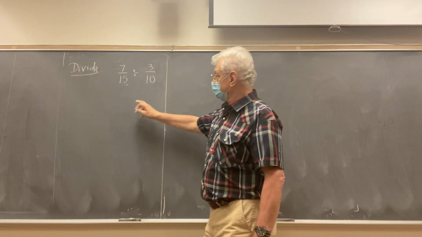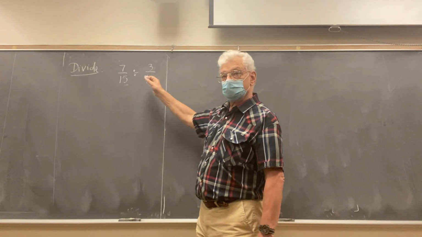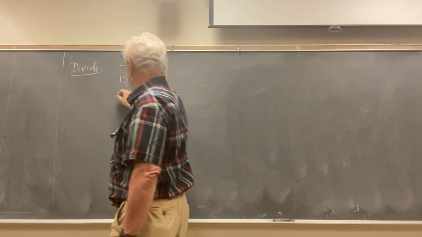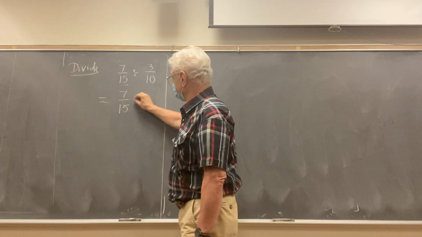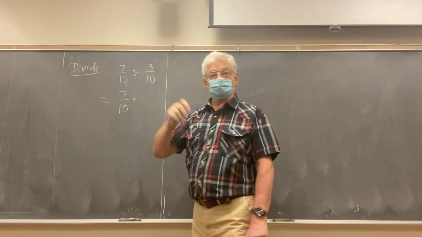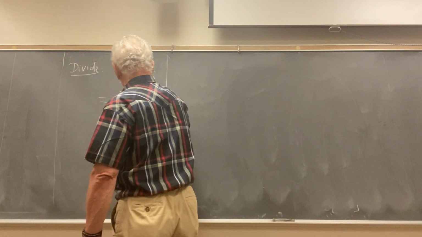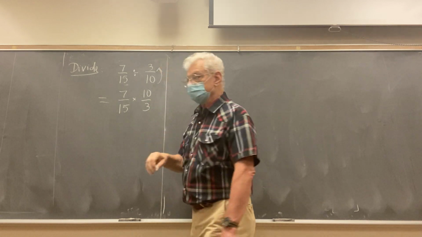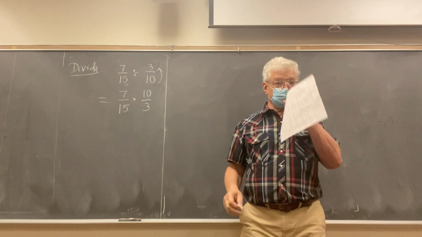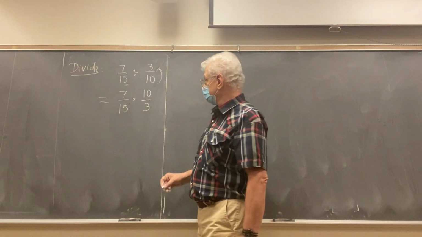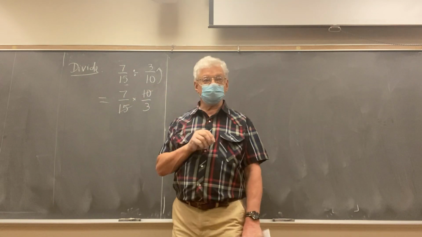So first way is that one. When you divide one number by another number, it is the same as leave the first number and multiply by the reciprocal. So multiply by 10/3. So you just flip that fraction over, flip, and then multiply. And then multiplication is easy. Okay, so if you can cancel by what?